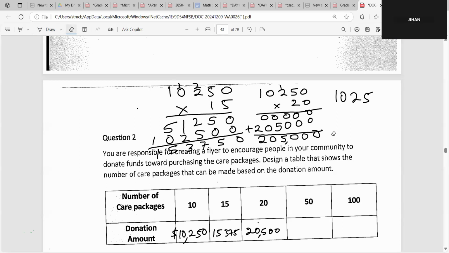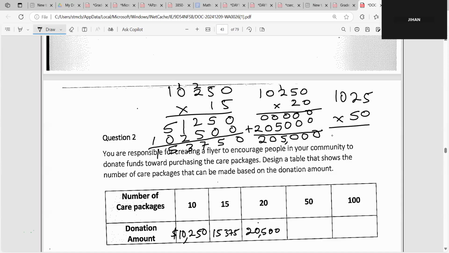Now we're going to do 1,025 times 50. So 0 times everything, 0. So there's going to be 4 zeros. Then we're going to place a placeholder. 5 times 5 is 25.